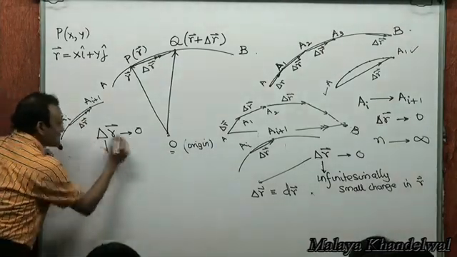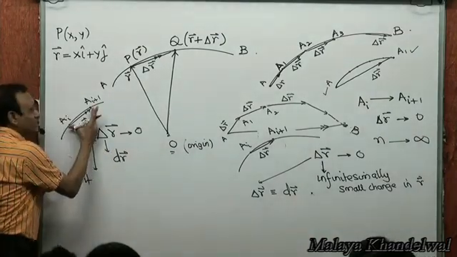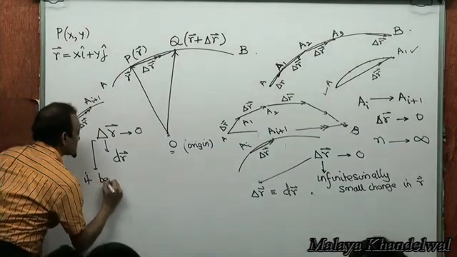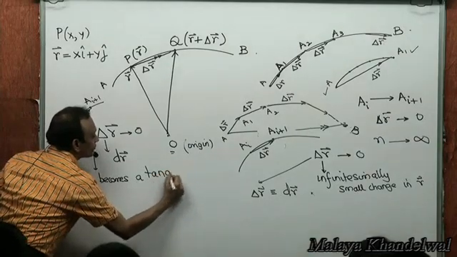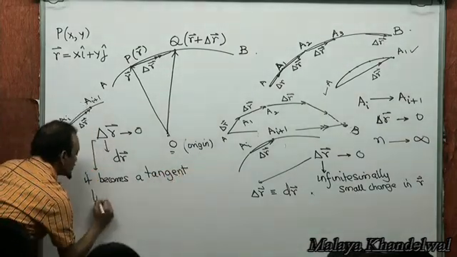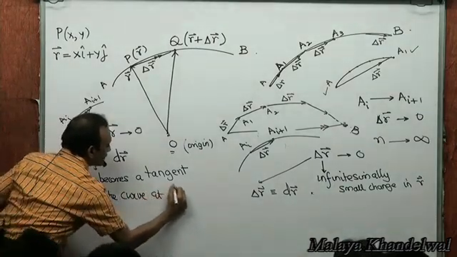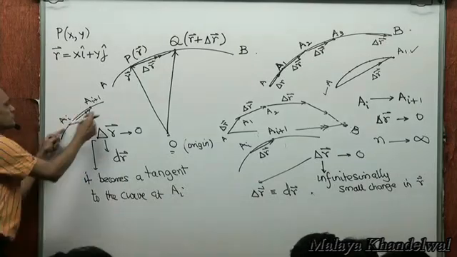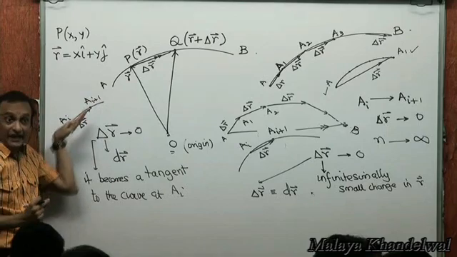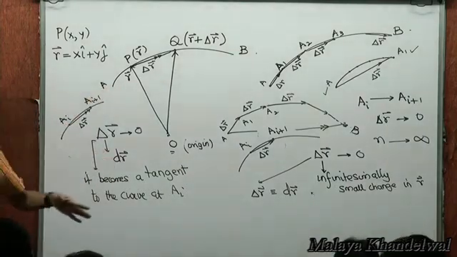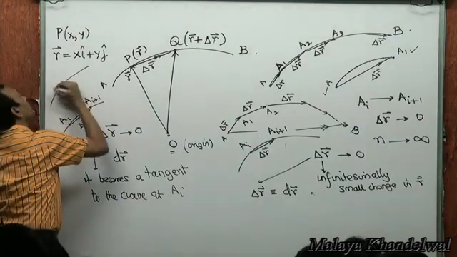This delta r, as it tends to 0, this vector delta r becomes a tangent to the curve at ai. As this is brought closer and closer, this secant between ai and ai plus 1 assumes a state of tangency at ai.